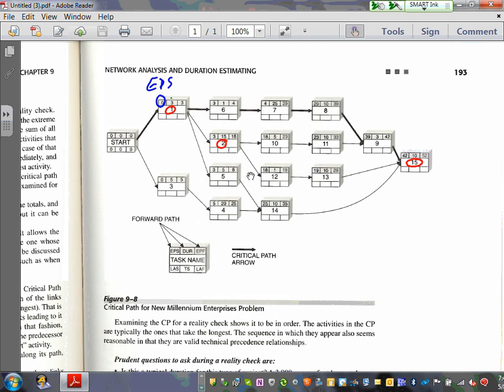This is how long it will take you. They call it DUR. And the last one here is the earliest possible finish time, which is EPF, the earliest possible finish time.